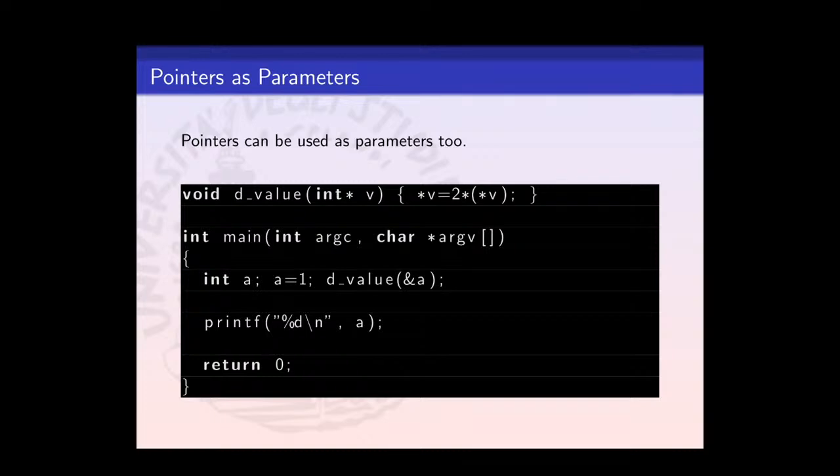But we are taking the pointer to the variable a, and this is done by the ampersand syntax. Okay? So in some sense we are asking a for its address, and we are passing that address to the dValue function. So once I've evaluated that function, what's the result of printing the content of a in standard output? The result is 2.